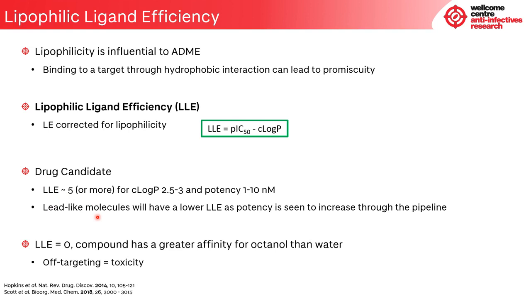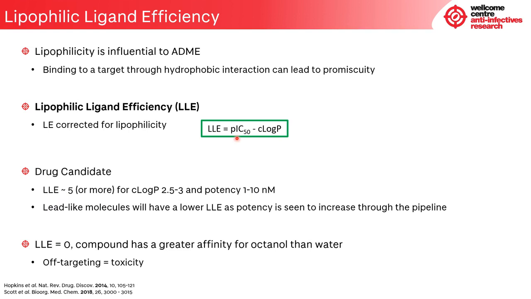To put it into perspective, these different values of 0, 3, 5, what's good, what's bad. So here we've understood what something good looks like. With an LLE value of 5, you can say that your potency is being driven by these polar contacts because your lipophilicity isn't heavily weighting down this potency value. However, what happens if the opposite was true?